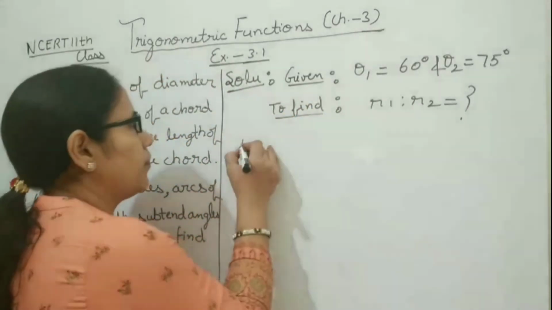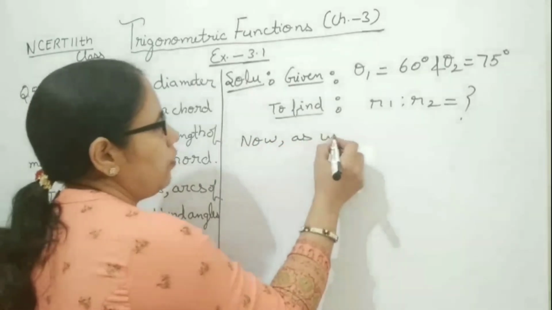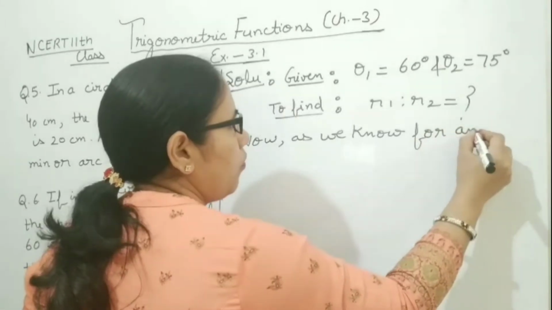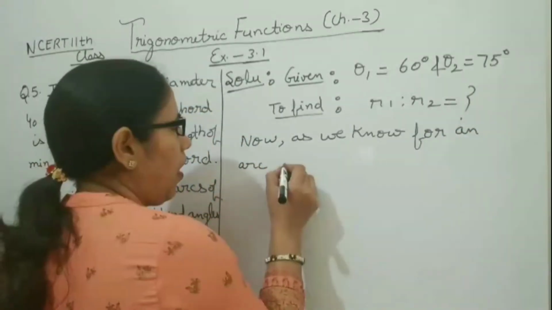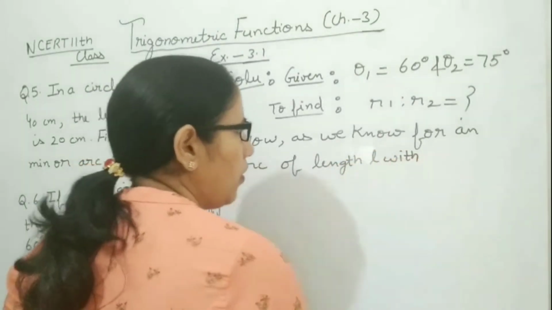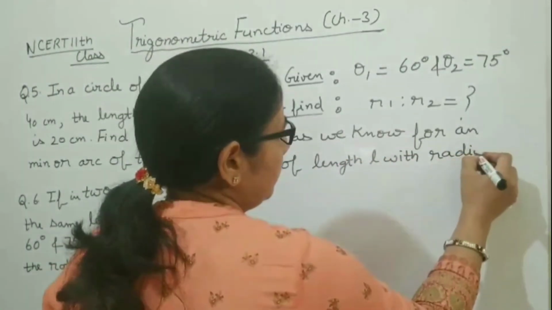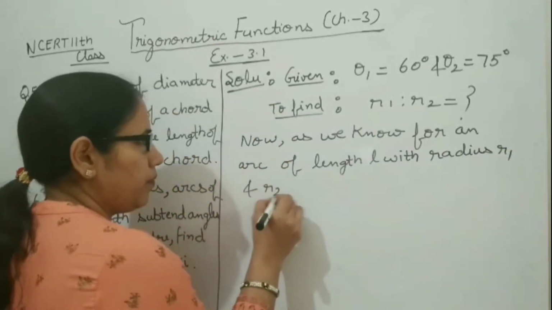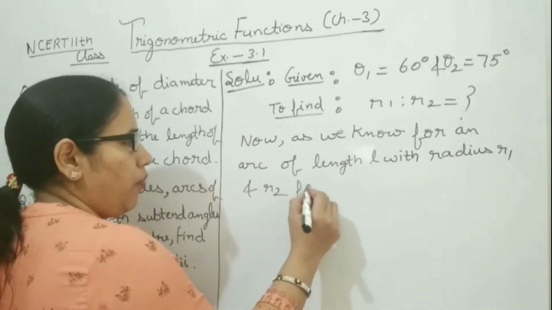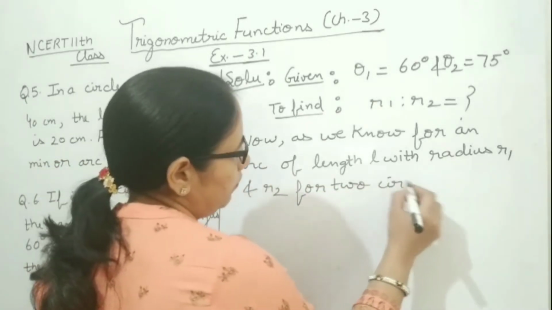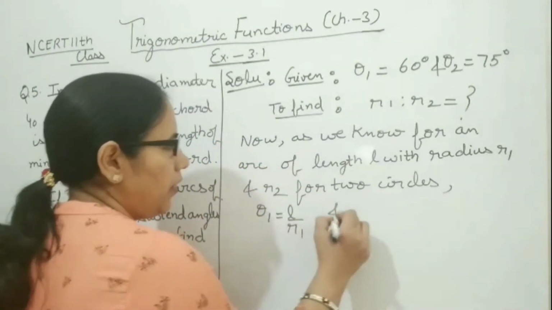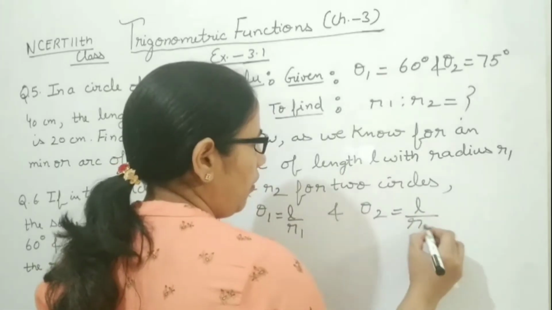Now, as we know, for an arc of length L with radius R1 and R2, for two circles, theta 1 equals L over R1 and theta 2 equals L over R2.